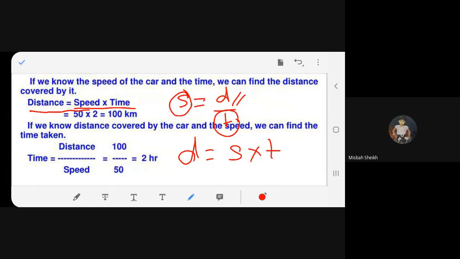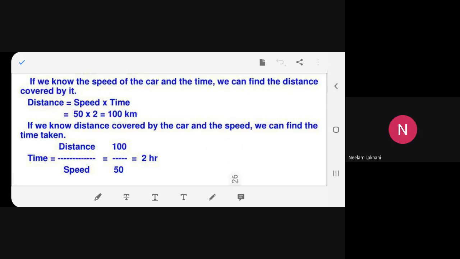So what we got? 50 into 2 is equal to 100 kilometers. So we got the distance 100 kilometers, which was given already. You understood? Okay. Now next.